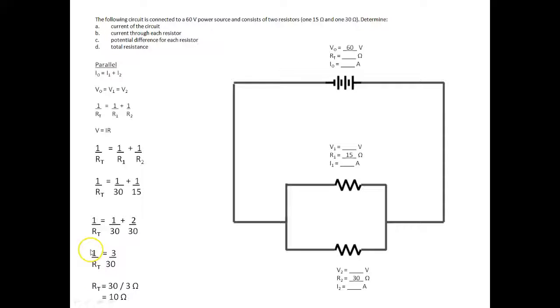Now when I flip this equation, now that it's a single fraction rather than a sum of fractions, I get that my total resistance is equal to 30 over 3, which is 10 ohms. So when I have a 15 ohm resistor connected to a 30 ohm resistor in parallel, the overall resistance actually decreases, and it's less than the resistance of each of the resistors.